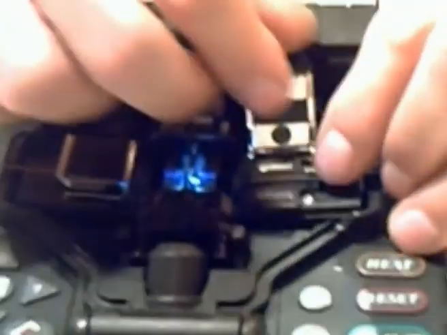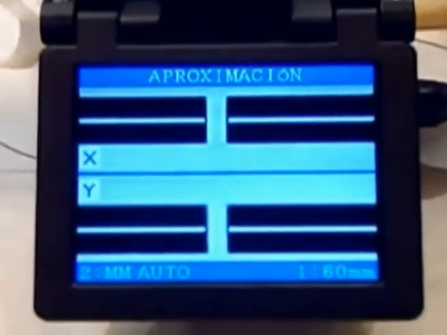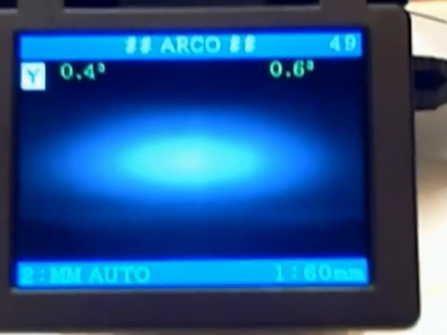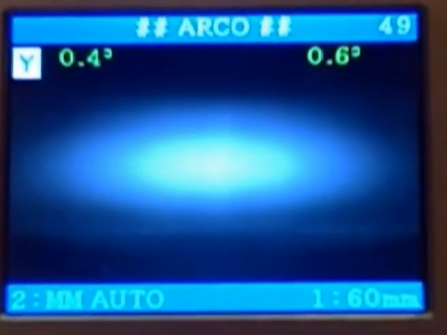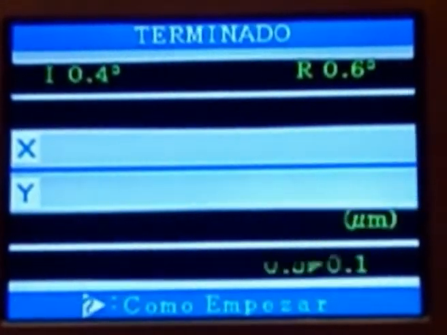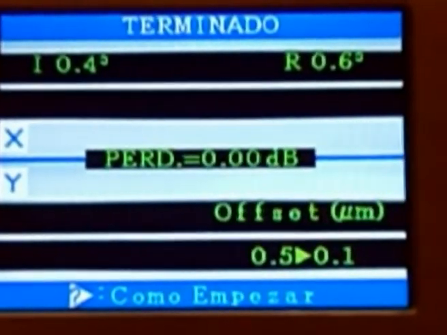In seconds, fiber fusion is achieved. The machine indicates that the operation was accurate, displaying 0 dB. The resulting attenuation is very low, under 0.1 dB.